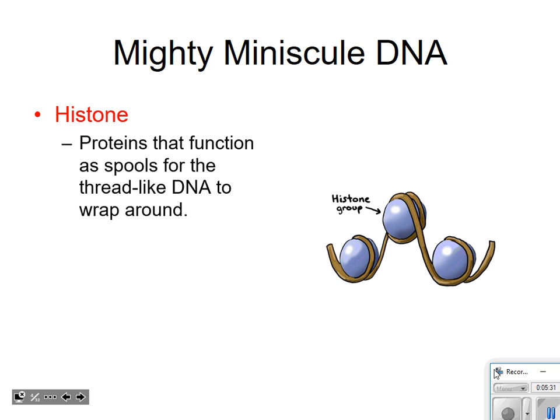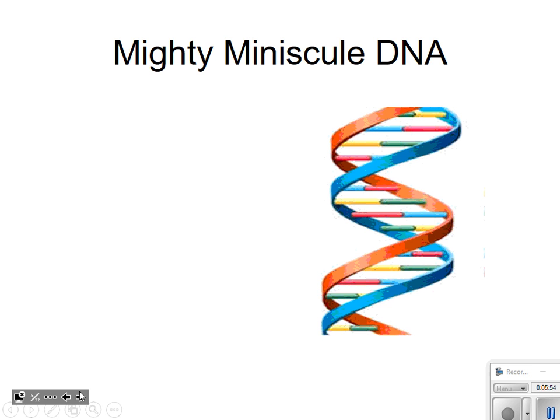So if we look right up here, like I said, this purple sphere represents a histone. This little thread-like part represents the DNA. See how the DNA wraps around the histone. After the histone comes the double helix of DNA.